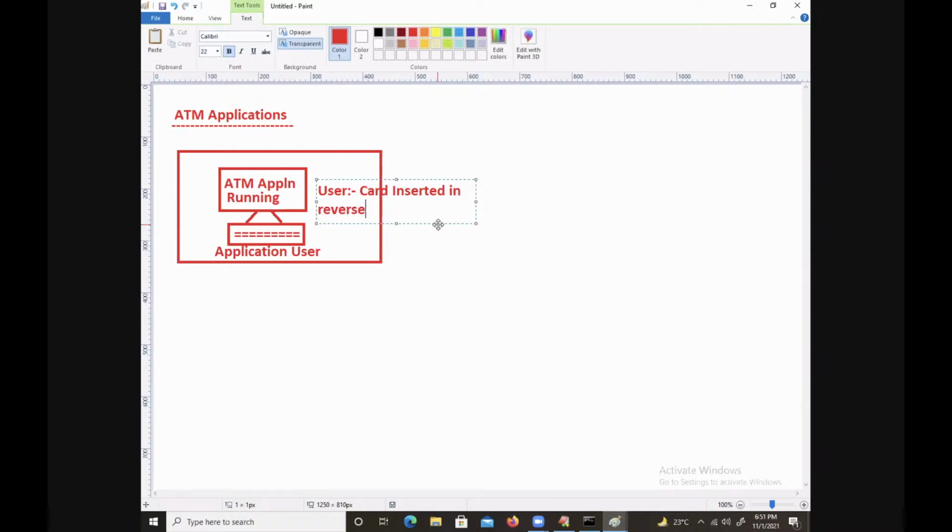The order in which you are supposed to insert is not followed. The card inserted in reverse order, is it a valid input or invalid input? It is invalid. This is called invalid input, a wrong input to the machine. Immediately what will happen?